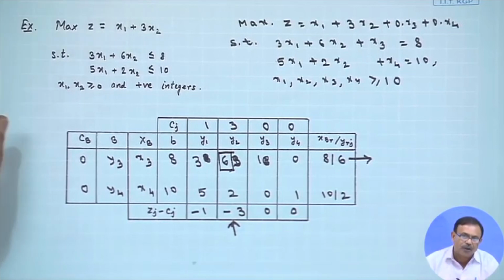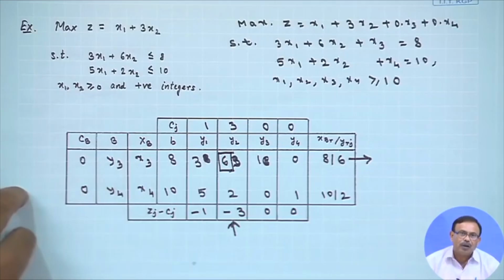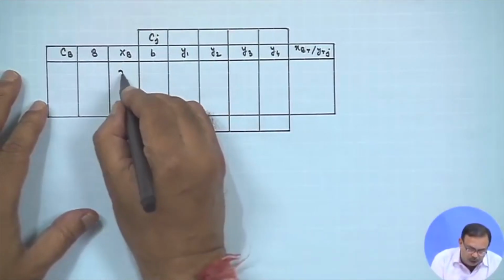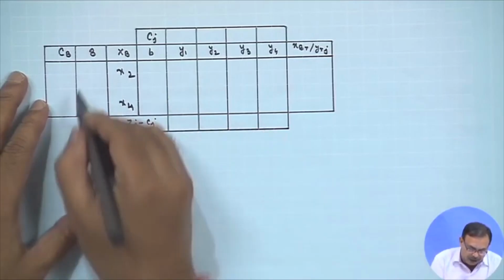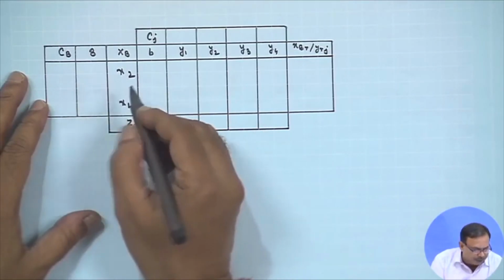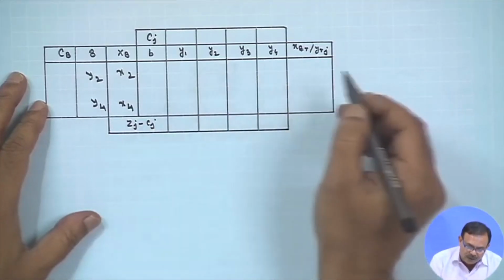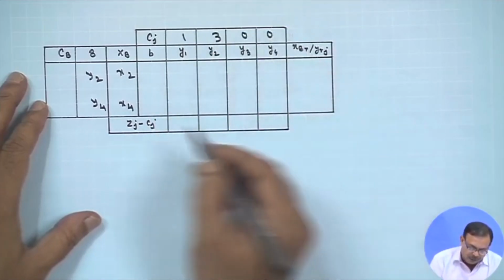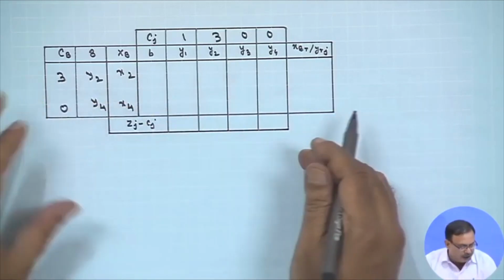So, let us construct the next table where x3 will go out and x2 will enter. From here in the table, now it will be x2 and x4, because x2 replaces x3, and here it is coming as y2 and y4. The Cj values are like earlier, that is 1, 3, 0, 0, and here y2 is 3, and 0.